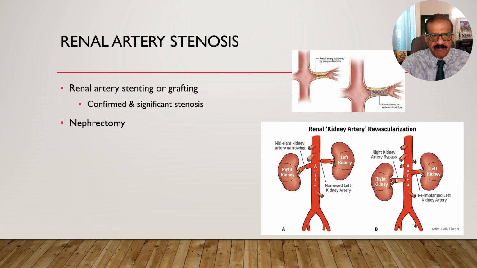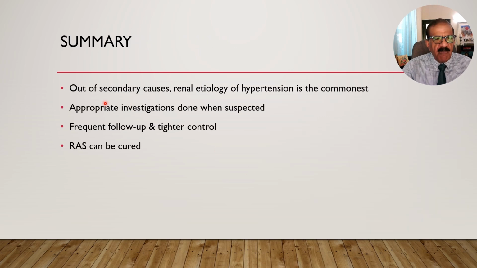It's very interesting. Now, to sum up, out of secondary causes, renal etiology of hypertension is the commonest. So mostly hypertension is caused by something we don't know, but if it is due to some disease, there are many possibilities. Kidney would be the most likely secondary cause.